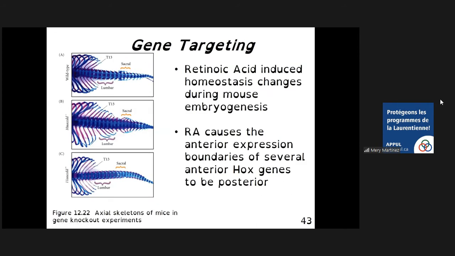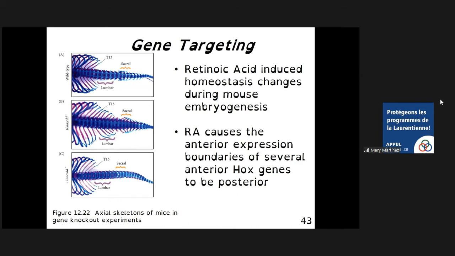The last point that they had, the third point, was the retinoic acid. We know the retinoic acid induced homeosis during mouse embryogenesis. We saw a lot more expression of the back. So retinoic acid is a developmental steroid and teratogenic agent too, and has been found to alter the actual expression of homeotic genes when administered during somitogenesis, the somite formation period.